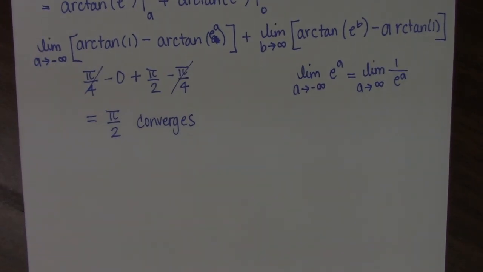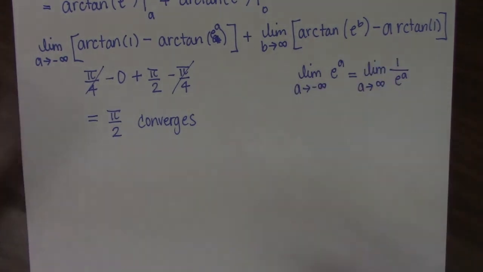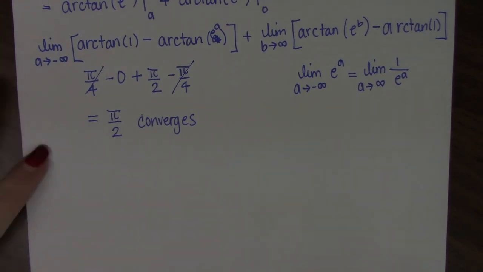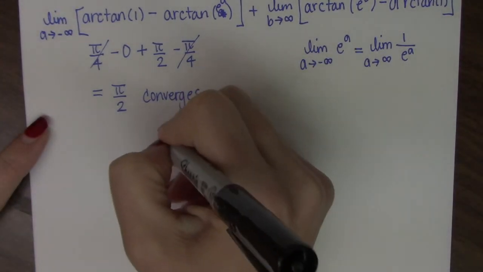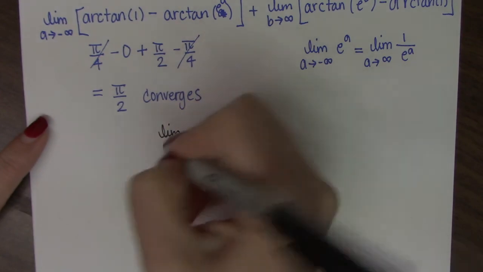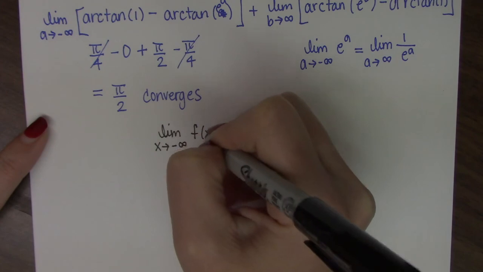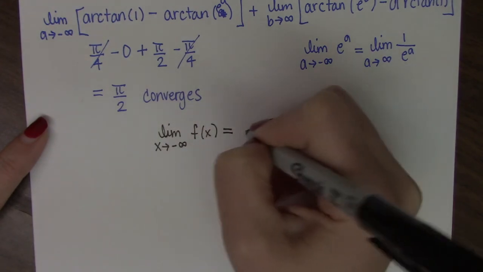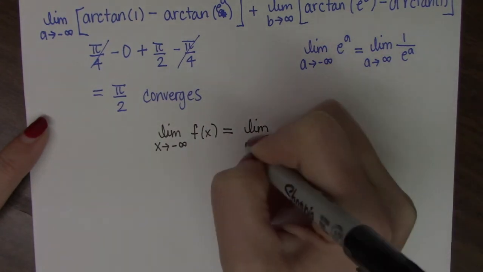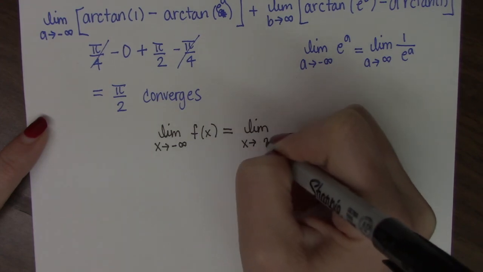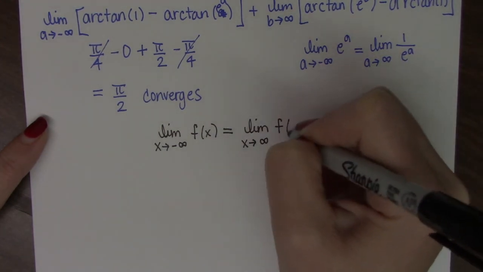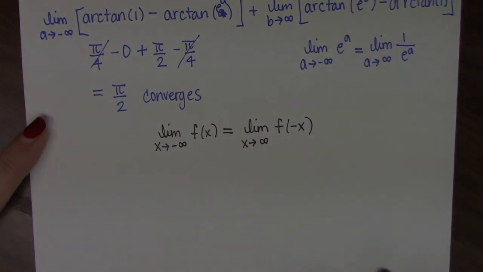So you want to be really careful when you're doing limits to negative infinity, especially if there's exponents involved. So a really cool trick you can do that I personally do all the time is the following. Whenever you're looking at a limit to negative infinity of any function, okay, that is the same thing as taking the limit as x goes to positive infinity of f of negative x.